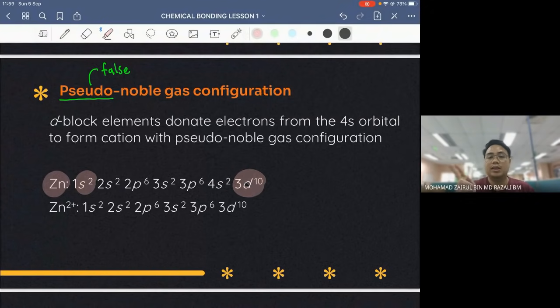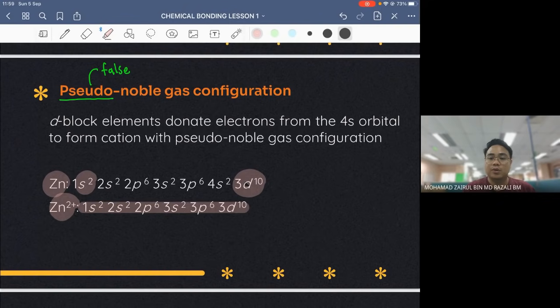Okay, between 3d10 and 4s2, in order to form Zn2+, in order to remove 2 electrons, ingat kita kena remove from 4s sebab once we fill up the 4s orbital with electron, 4s tu akan jadi higher energy compared to 3d. Okay, so when we remove 2 electrons from the 4s, Zn2+ ion akan ada electronic configuration yang ini sampai 3d10.